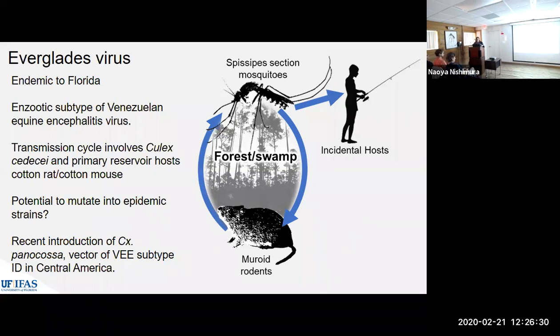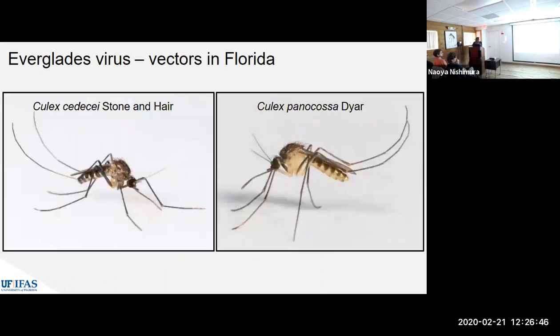This is a particularly important question now because of the recent introduction of Culex panocossa in 2016, which was discovered by our lab, which is the vector of VEE 1D in Central America. The two primary organisms I study are Culex cedecei, which is native to Florida and is a competent vector of Everglades virus, and Culex panocossa, which is not native to Florida.